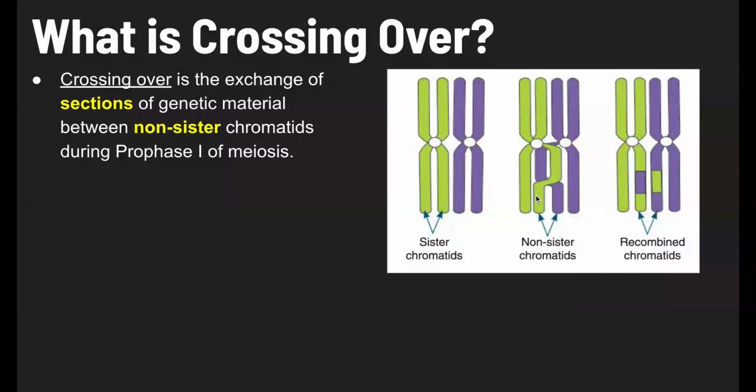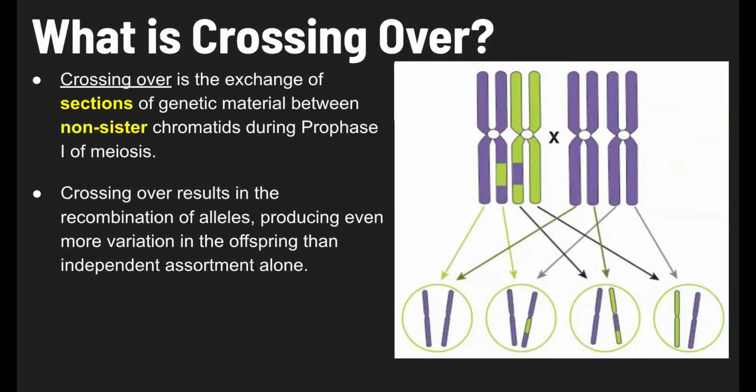And what happens during crossing over is non-sister chromatids swap sections of their chromosome. And you call the new product the recombined chromatids. So crossing over results in the recombination of alleles, and this produces even more variation in the offspring than independent assortment alone.